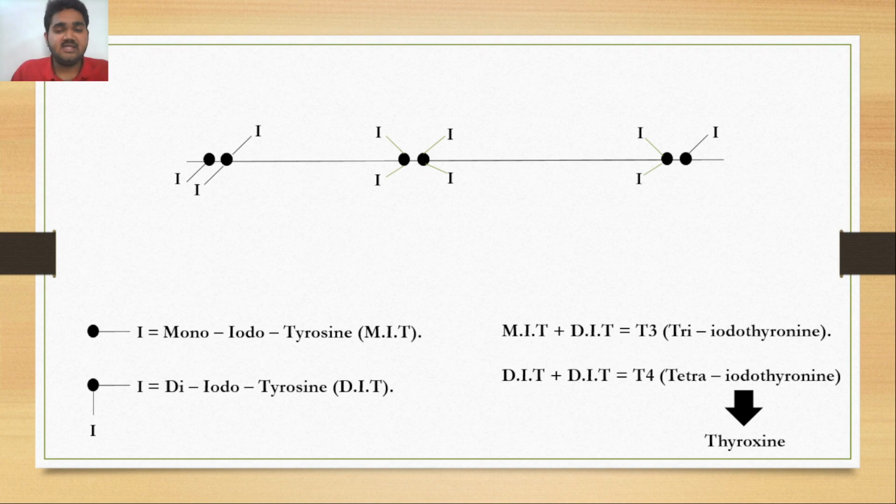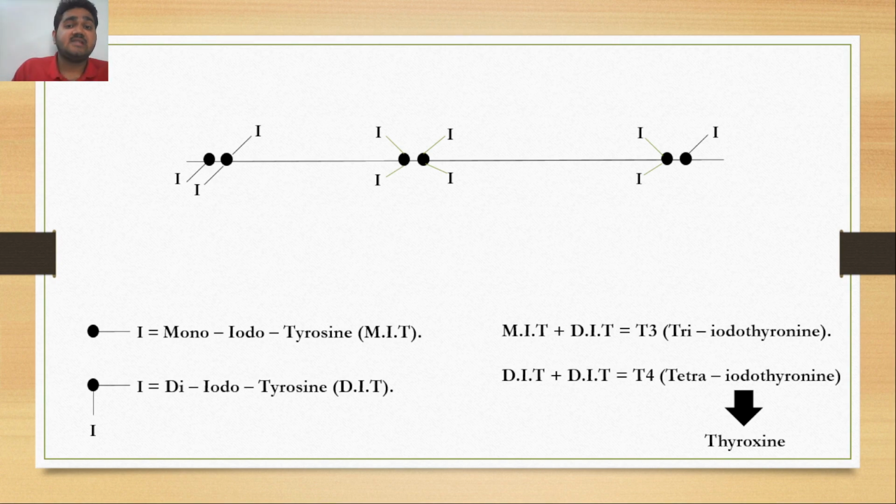So you can see that the straight line on the screen is our thyroglobulin, and on the thyroglobulin we have some small black colored structures, and those black colored structures are known as our tyrosine residues.